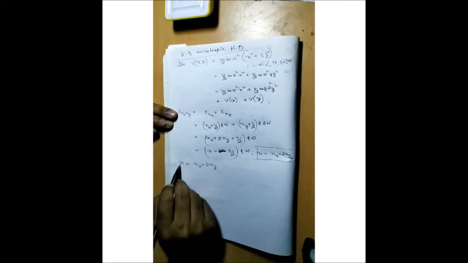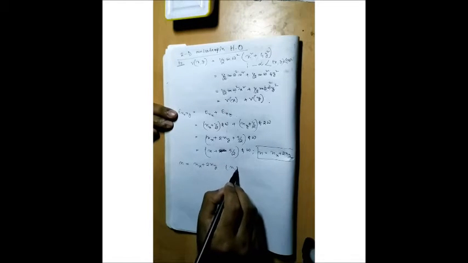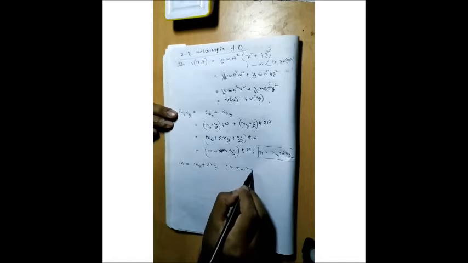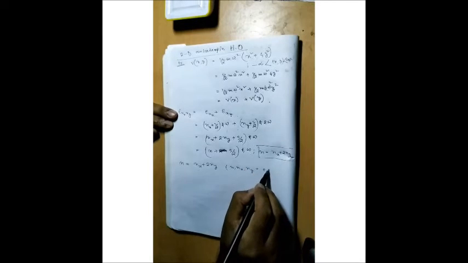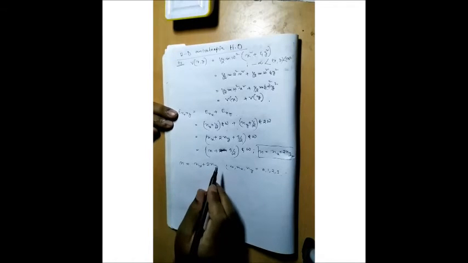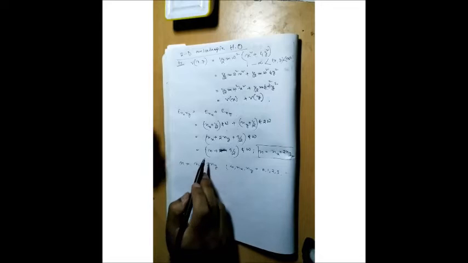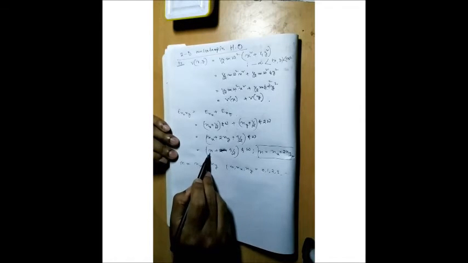So all the values of n, nx and ny will start from 0, 1, 2, 3 and so on. Now which energy will be the ground state? For the ground state, we get the minimum energy when n equals 0.